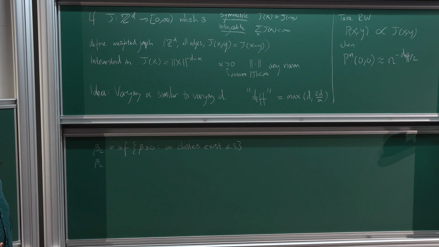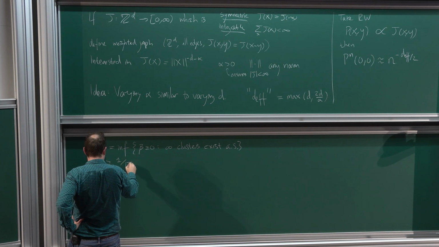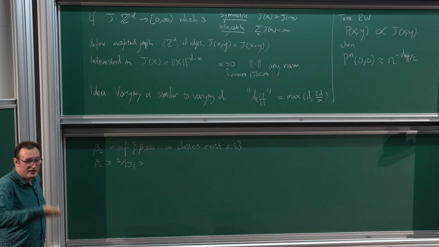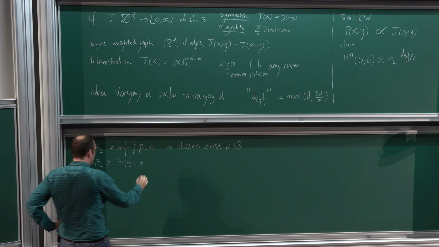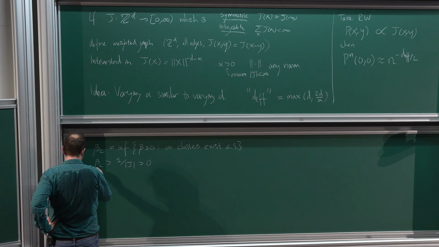Previously we saw that if you have max degree d, then pc is at least 1 over d minus 1. And you get a very similar bound here, which is that beta c is always at least 1 over the sum of the weights around the origin, which is positive. By the same proof.